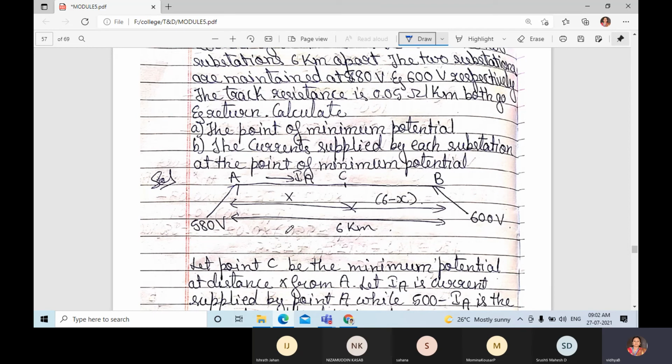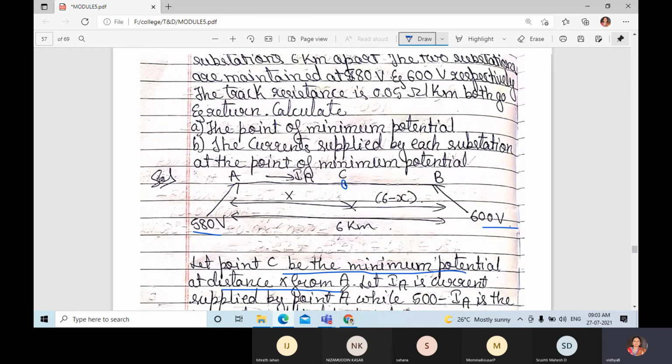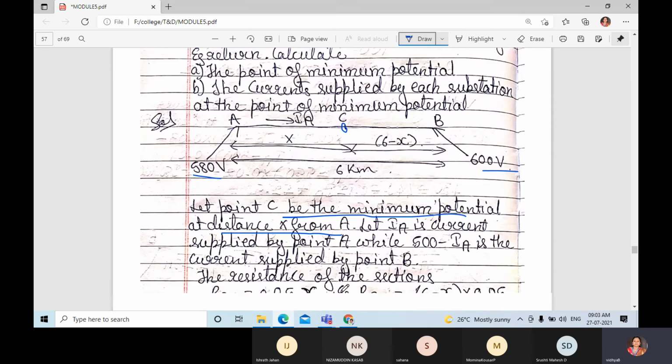They have given that one side is 580 volts, one side 600, and here they have taken some point C, because to find the minimum potential, it is the minimum potential at distance x from A. IA is the current supplied by point A, while 500 minus IA is the current supplied by point B. They have given the current, 500 amps, as a constant.